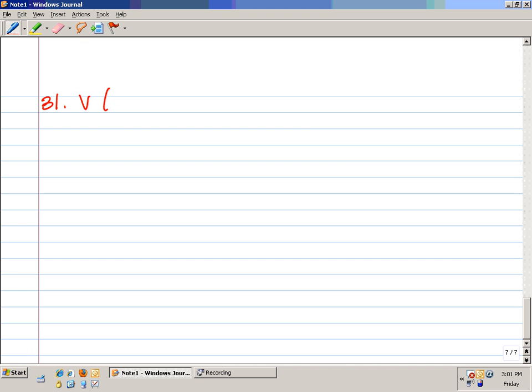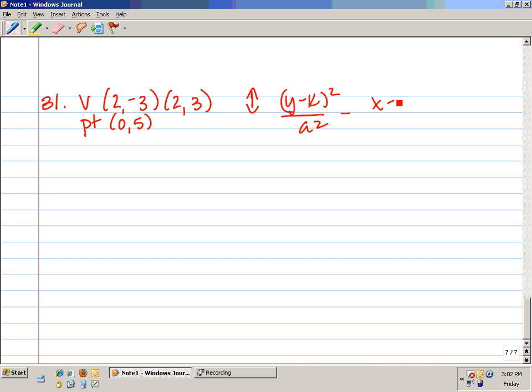In 31, we have vertices at 2, negative 3, and 2, positive 3. We're also given a point at 0, 5. First thing, we're going to figure out which equation we're using. If you look at the vertices we're given, you should notice the movement is along the y-axis, so it's going to be y minus k squared over a squared minus x minus h squared over b squared equals 1.